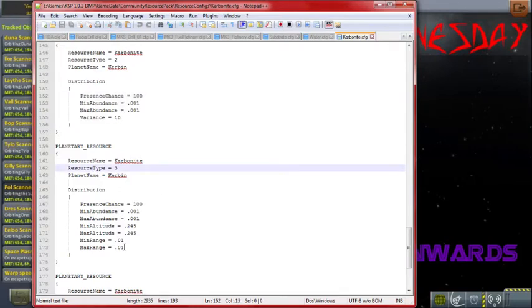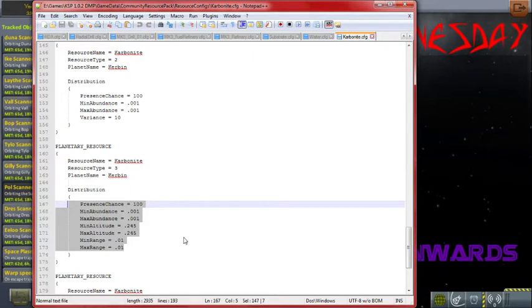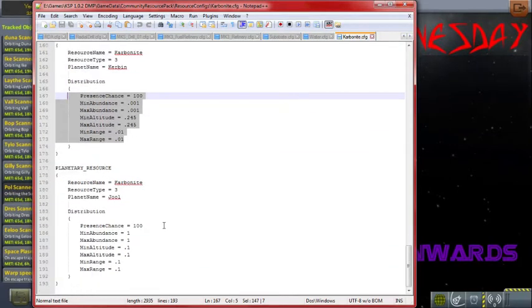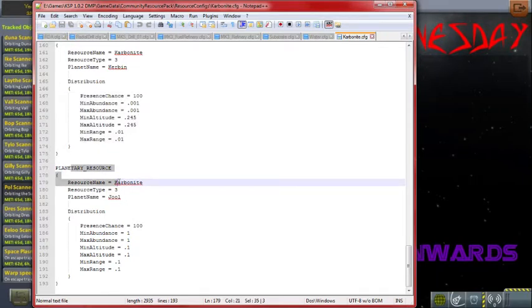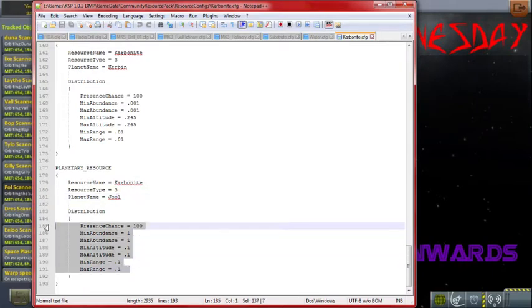Anything that's resource type 3, you have to use those config parameters for. Another planetary definition. This is basically stuff that's found in space around Joule itself, and there's your values.